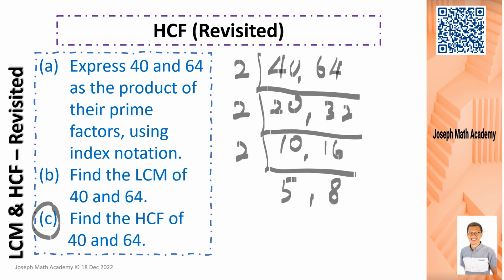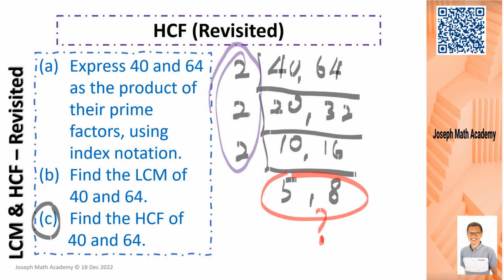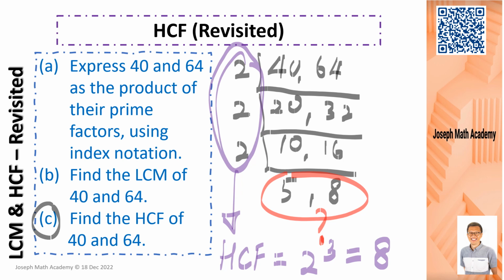Now, I have to stop already because I can't find a common factor that can divide these two. There's no more common factor that can divide 5 and 8. So we have to stop. So this alone would be the highest common factor of 40 and 64. And HCF of 40 and 64 would be 2 to the power of 3, which is the value 8.